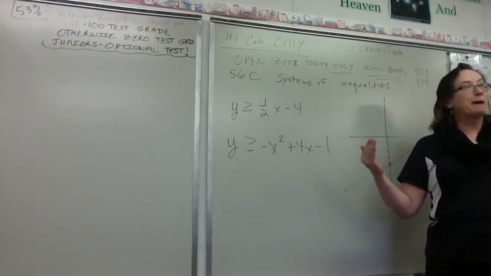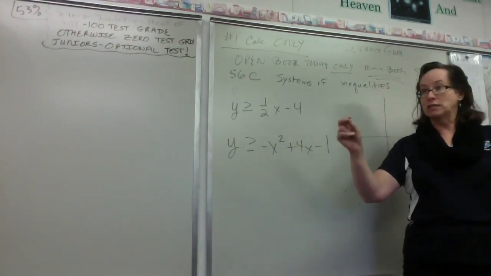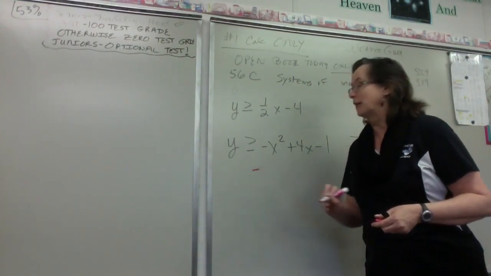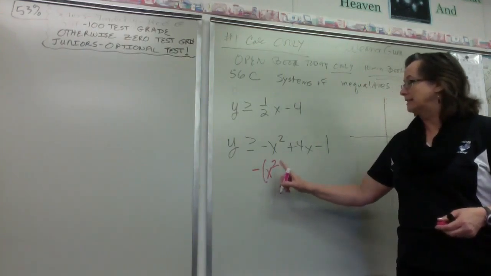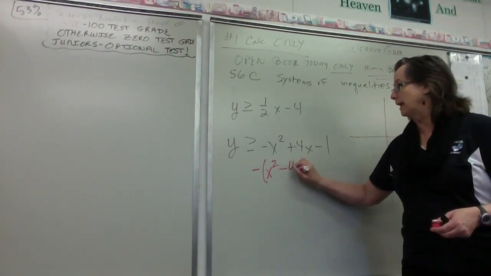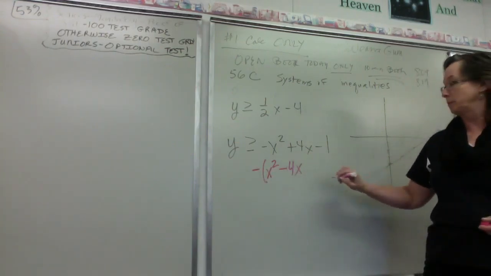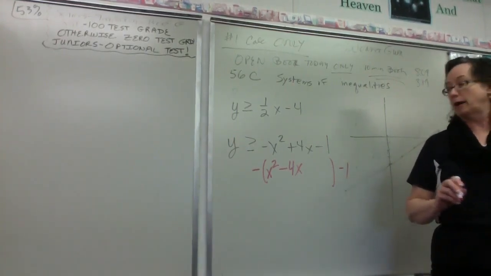So we talked about completing the square and how to figure out what the vertex form of that parabola is. So let's do it. We start by pulling out the negative. And then we're going to put the x squared. And instead of the 4x, we're going to put a -4x, because when I distribute that through, my sign will be correct. And then I'm going to tuck my -1 out there. We're completing the square.